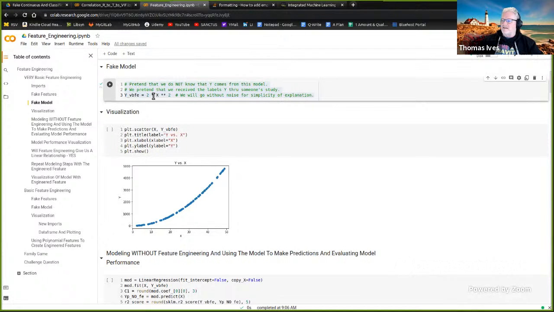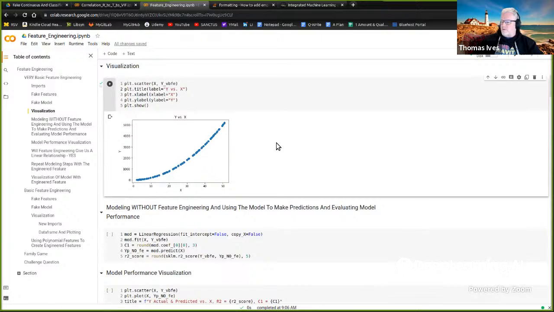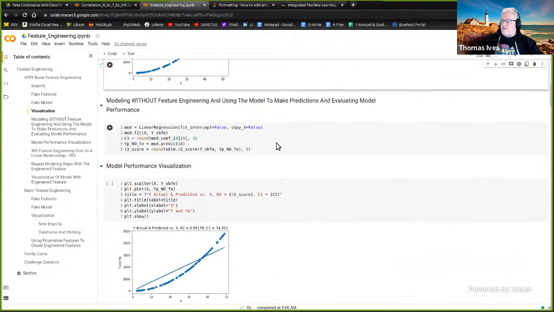We're going to know ahead of time the model that created the labels. So when we look at the labels, and here we're in a perfect world where we have no noise, we have this very smooth arrangement of data points. So this is just to show a very, very basic feature engineering exercise.